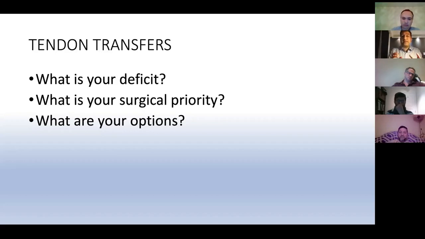Now, the problem with the high median nerve palsy is this time your surgical priority is opposition, but you've also lost thumb flexion because you've lost FPL, and you've also lost FPB, and you've also lost finger flexion to these ones because you've lost FDS and FDP with a high median nerve injury. So this time your surgical priority is restoring thumb flexion, finger flexion to these two, and opposition. So what are your options?